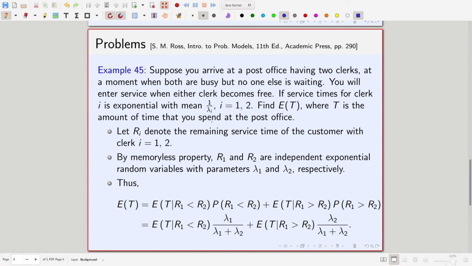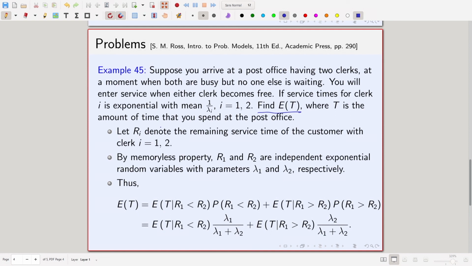Now what is the question? The question is to find E of T, where T is the amount of time that you spend at the post office. So the total amount of time from the time you enter the post office until the time you leave. You enter, you see two clerks serving one person each, so you wait.